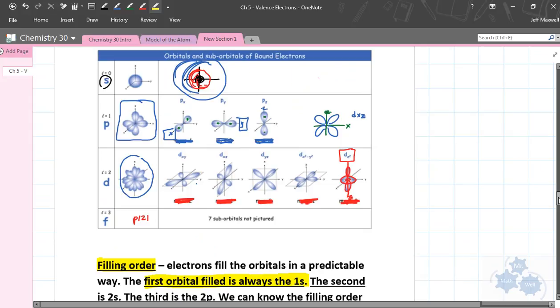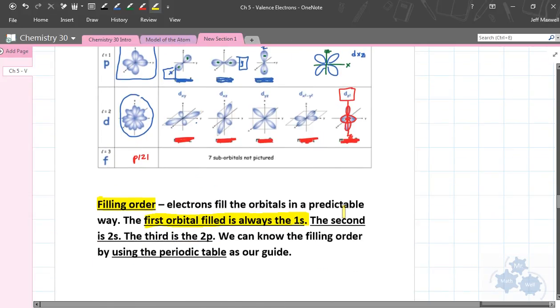Now, if the orbital has energy added to it, if it is excited, that's the technical science term for it. If you excite that electron and give it more energy, it will jump to a different orbital. But in its ground state, in its most relaxed, natural state, that 1 electron will have a minimal amount of energy, and it will stay in the s orbital.